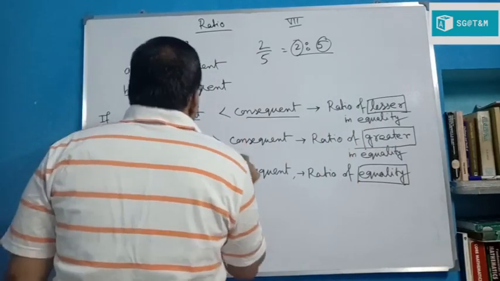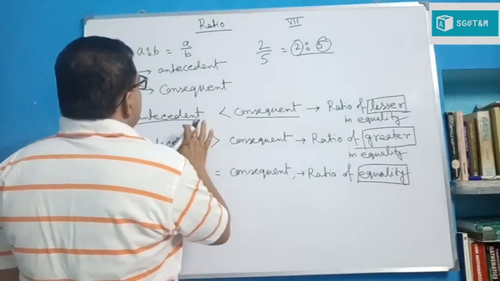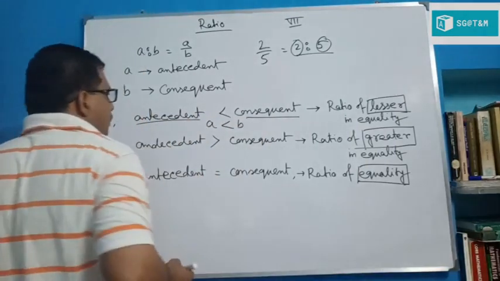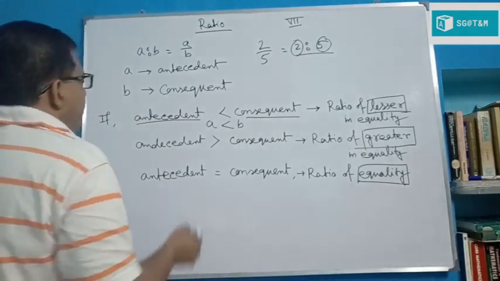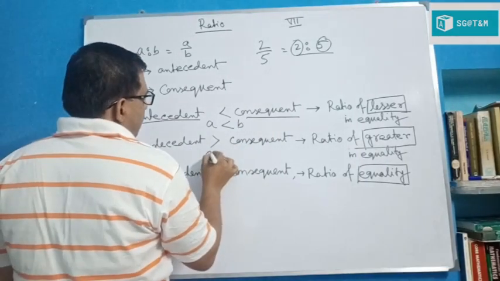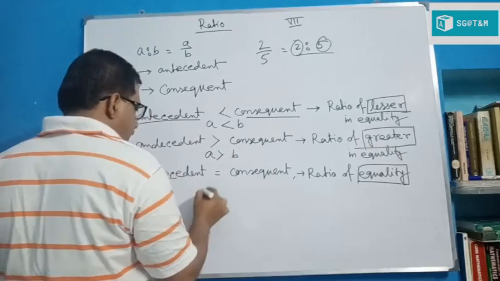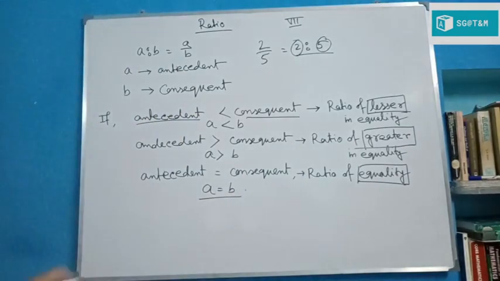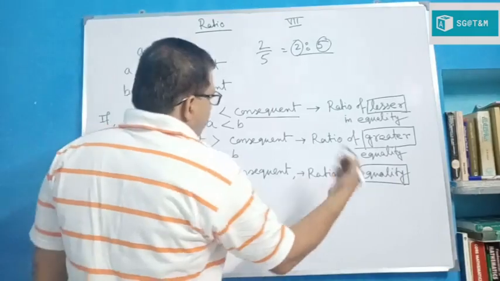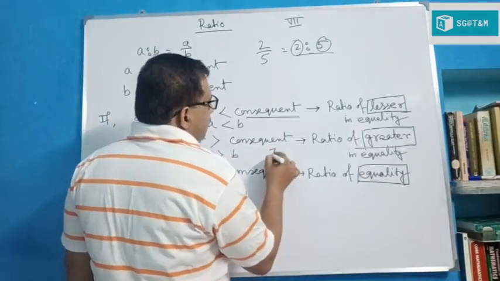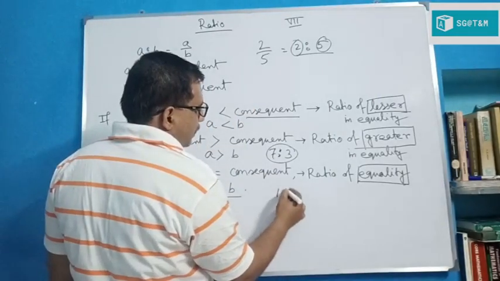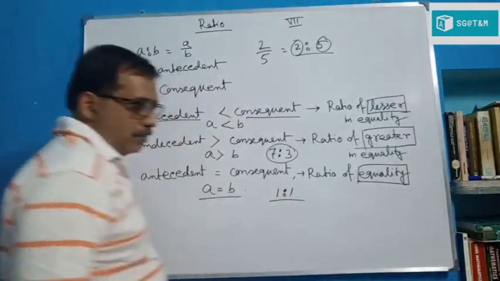That means A less than B. In the second case, A greater than B, for example 7:3. In the third case A is equal to B, for example 1:1 or 2:2.